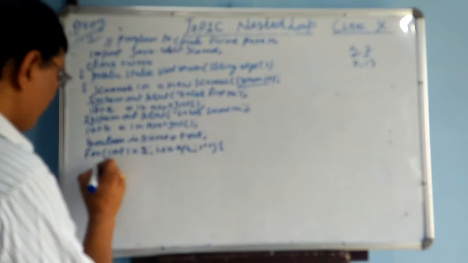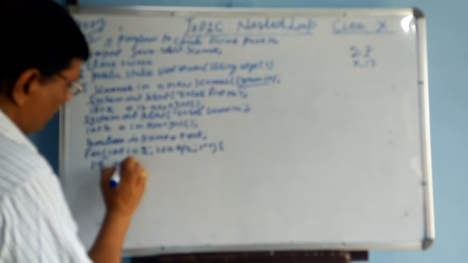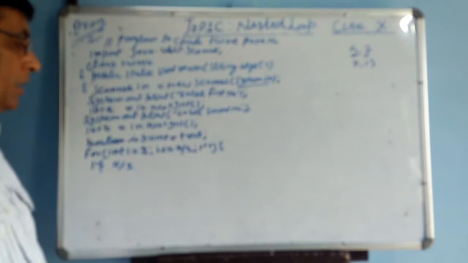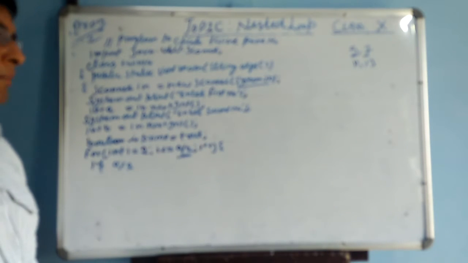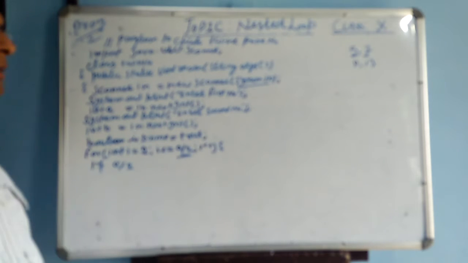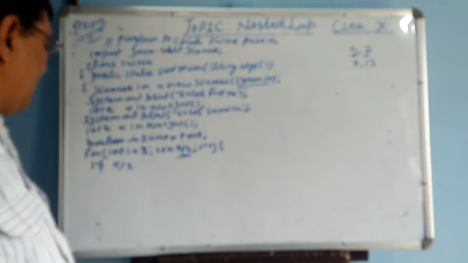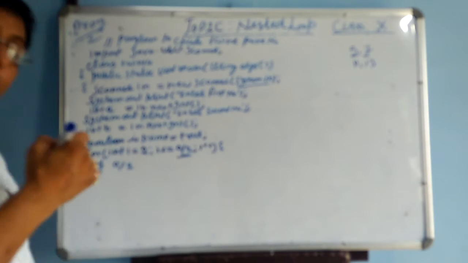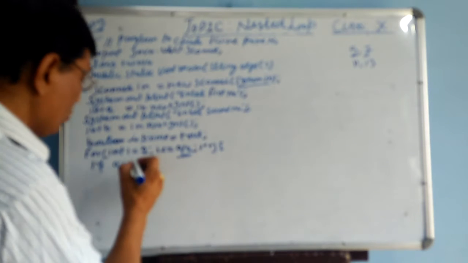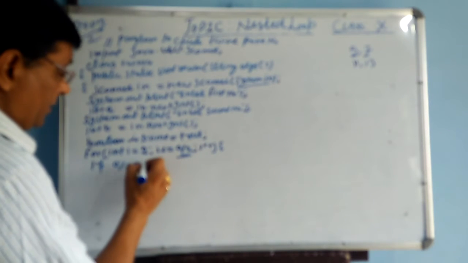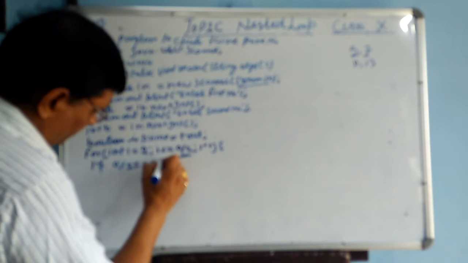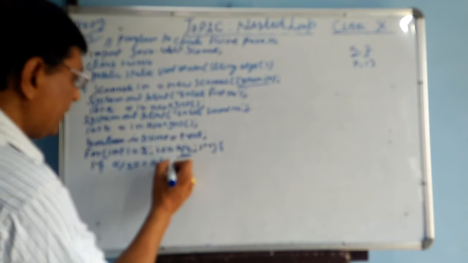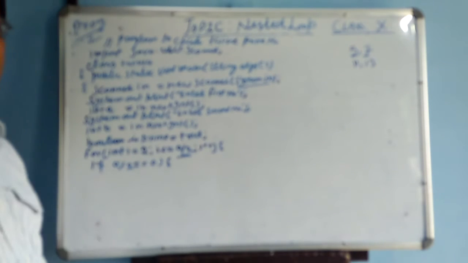Now if a % 2, this is a condition, a condition of dividing by 2, then it will increase 1 by 1 and check. And if a % 2 is equal to 0, then open brace.